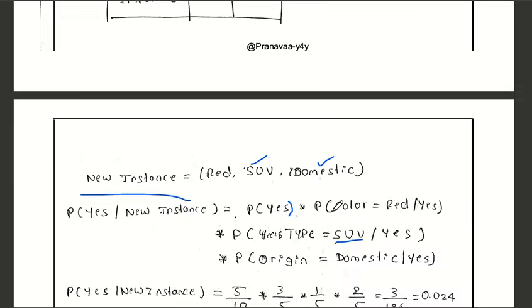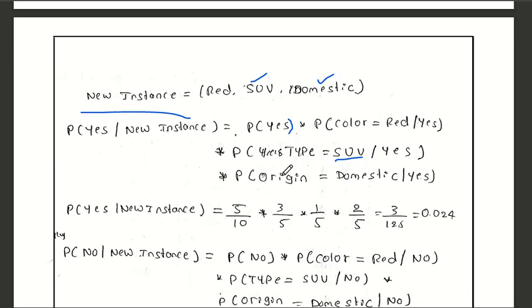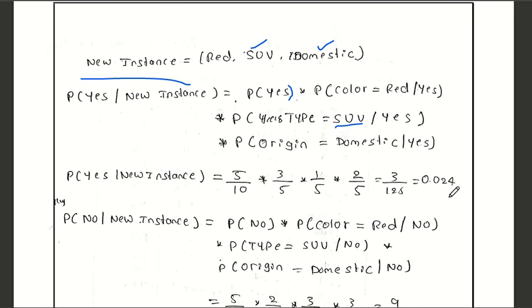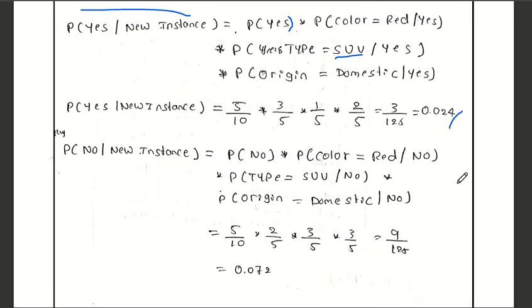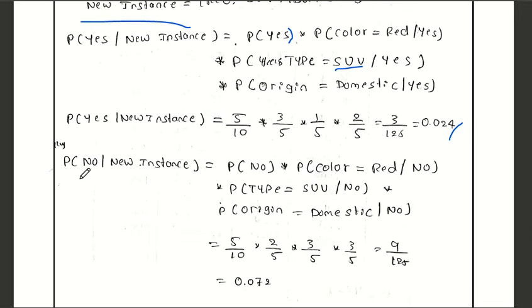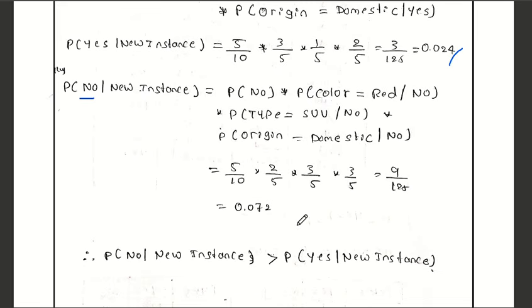These values are all there in the tabular column. Just apply those values and simplify, you will get 0.024. Similarly, you need to find it for the new instance with the no value. Again you will get the value 0.072.